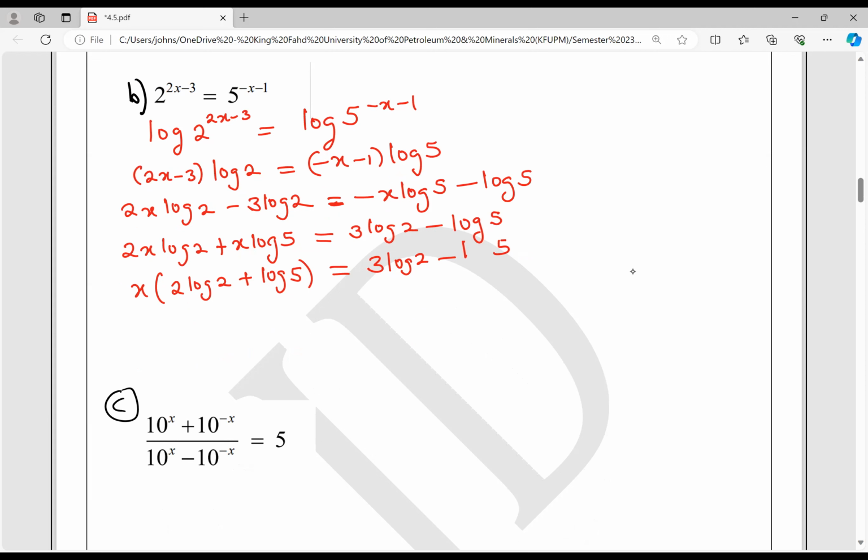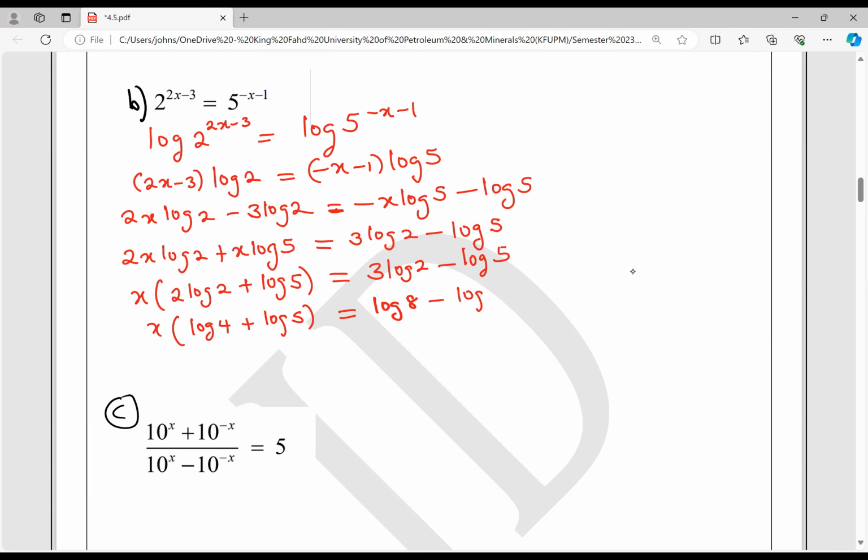But now, if you see 2 log 2, because 2 is in front of the log, we can use the property and take it up. We can do both for the left-hand side and the right-hand side. So meaning we can write this one as x times log of 4 plus log of 5. And this is just going to be log of 8 minus log of 5.